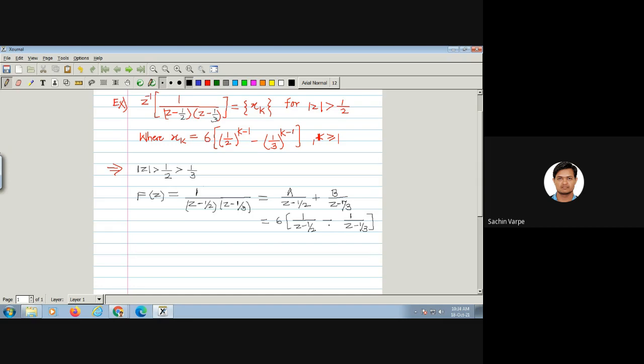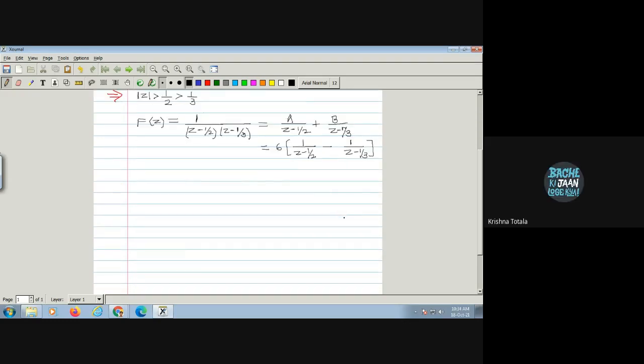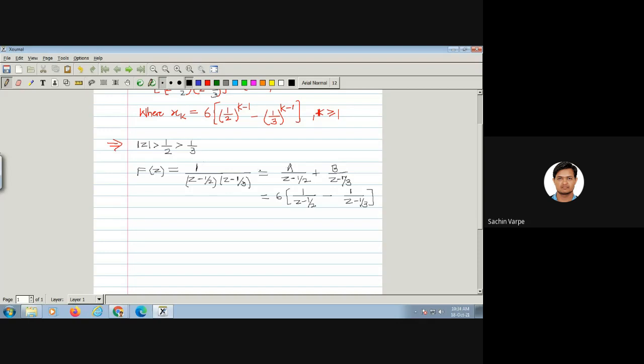I hope everyone is familiar with the partial fraction, okay? If anybody is there who doesn't know about the partial fraction, please let me know. I can repeat. Yes, sir. Please repeat. Okay. So what we do for the partial fraction, we cross multiply these two factors here. Right? We cross multiply. And then we multiply both sides by LCM.